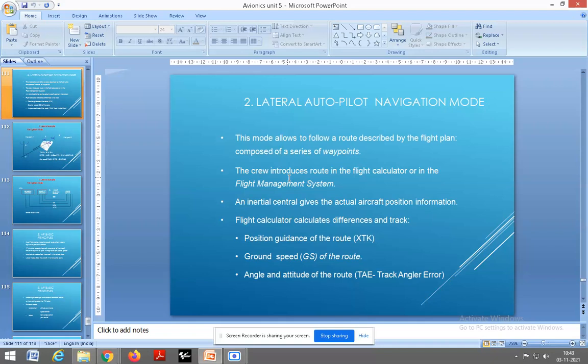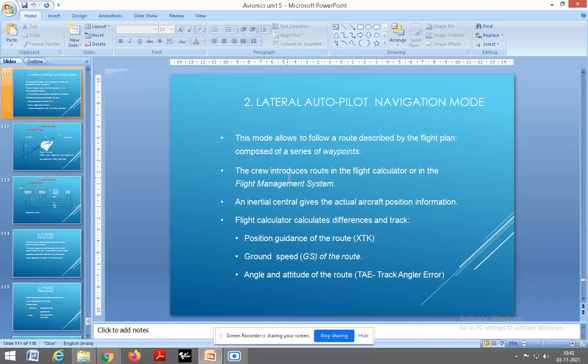An inertial center gives the actual aircraft position information. The flight calculator calculates the differences on track. It will calculate the position value, direction value, angle, rate, everything.